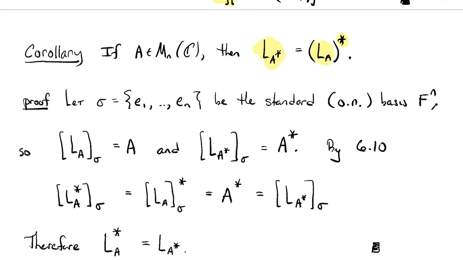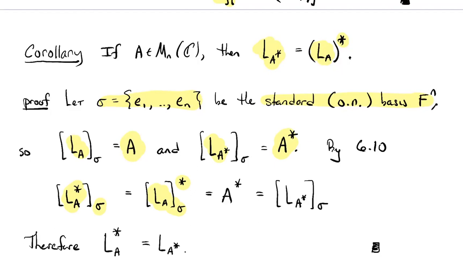How to prove that? If we take the standard orthonormal basis for F^n, then the matrix of the left multiplication operator by A is just A. Likewise, the matrix of the left multiplication operator by A star, the adjoint matrix, is just A star. By the theorem we just proved, the matrix of the adjoint operator of left multiplication by A, in this orthonormal basis, is the adjoint matrix of the matrix of L sub A in that basis.